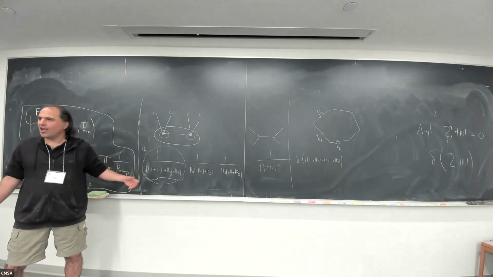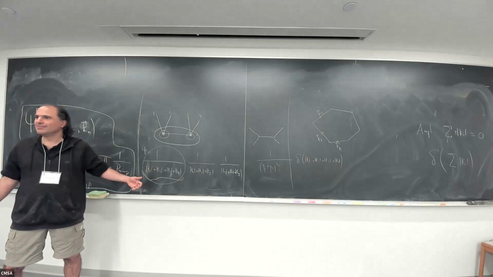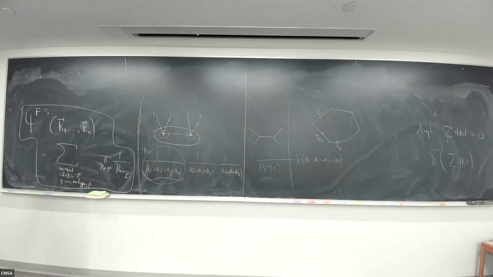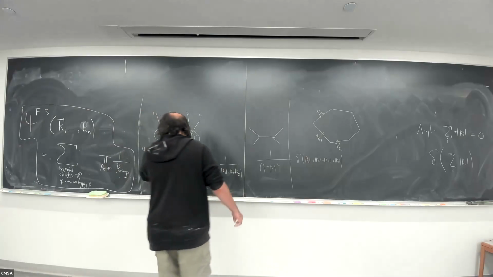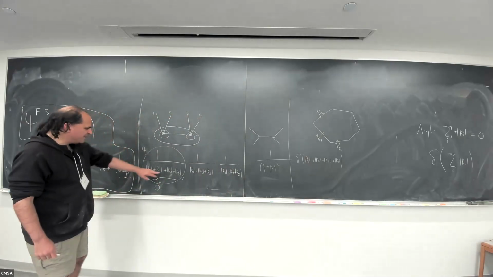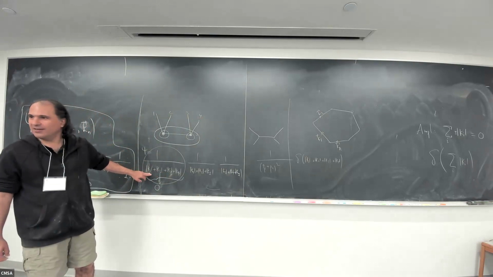Now you see, it's not going to shock you: the residue on the pole is going to be the amplitude. First of all, at least it has a chance, because now the kinematics is identical. In both cases, on the pole, I have a momentum polygon with the energies adding up to 0. So at least it has a chance to be the same. But in fact, it is the same. So let's see how it works. On the support, let's say I put this to 0. Then that means that k3 plus k4 is negative k1, negative k2.